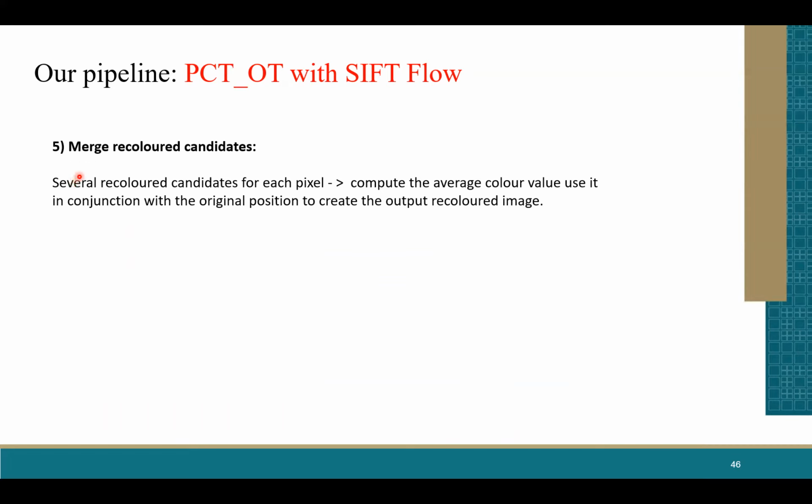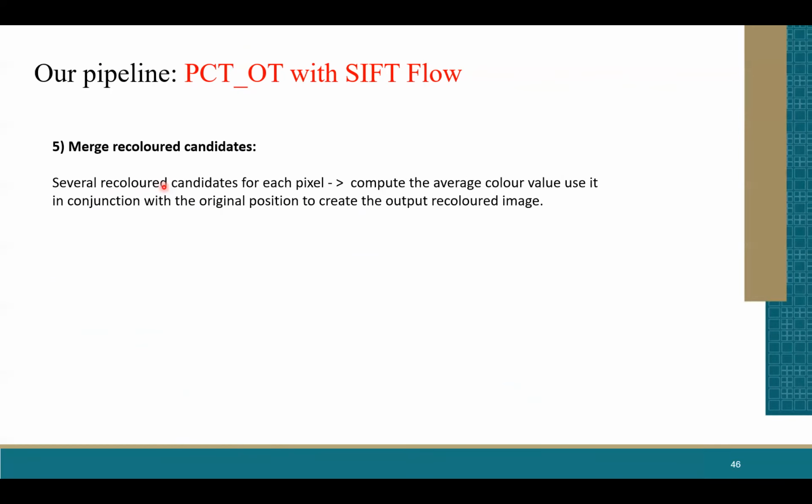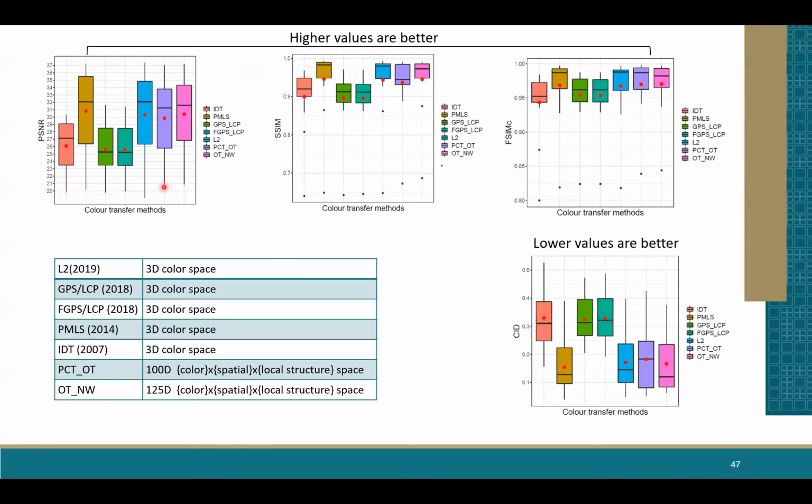The next step is merging the recolored candidates, because they come from overlapped patches. We merge the candidates and use them in conjunction with the original position of the image to create the final output recolored image. Here we provide the quantitative evaluation. Our algorithm is denoted by optimal transport in W, because we smoothed it with Nadaraya-Watson. We solve the problem in 125 dimensions, combining color, spatial, and local structure.